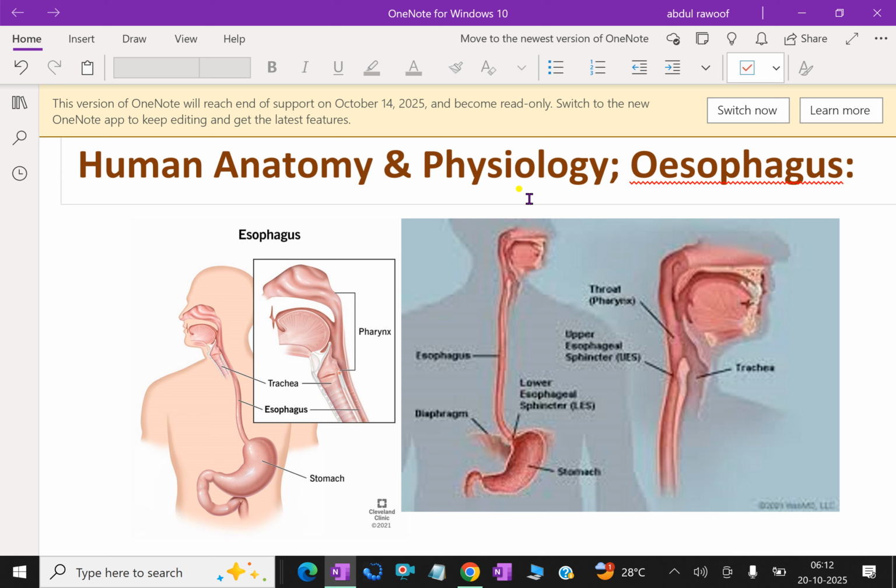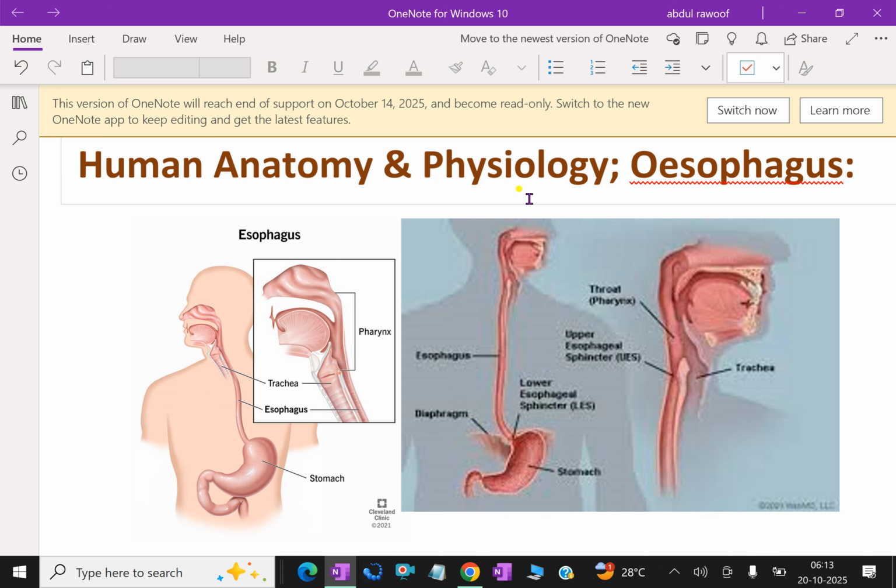Blood supply, arterial: the thoracic region is supplied mainly by the paired esophageal arteries, branches from the thoracic aorta. The abdominal region is supplied by branches from the inferior phrenic arteries and the left gastric branch of the celiac artery.